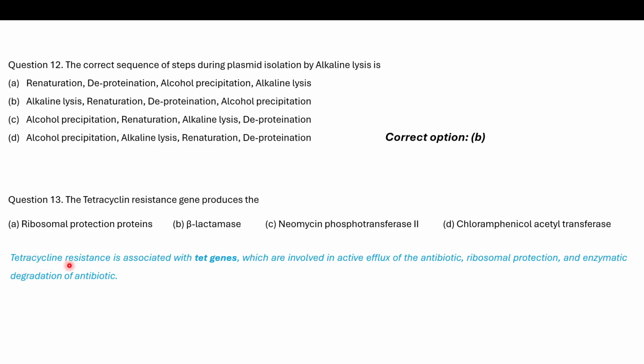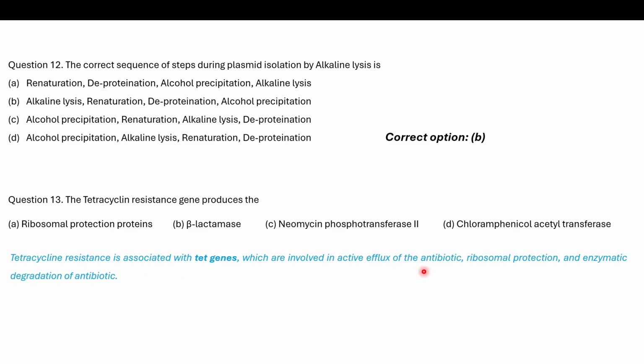Tetracycline resistance is associated with TET genes, which are involved in active efflux of the antibiotic. These genes code for certain proteins that help in removing the antibiotic, protect the ribosome, thereby hindering the binding of the tetracycline drug, and enable enzymatic degradation of the antibiotic.